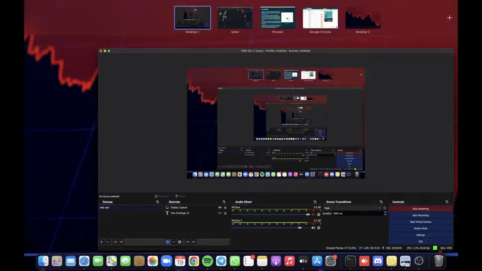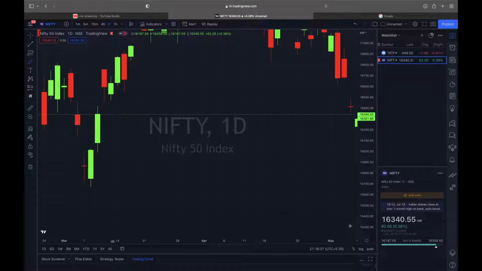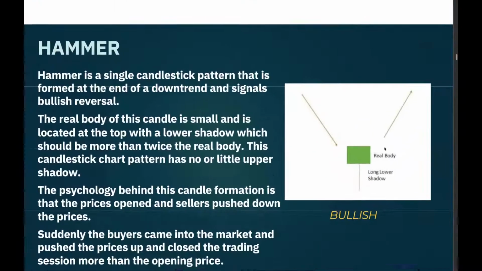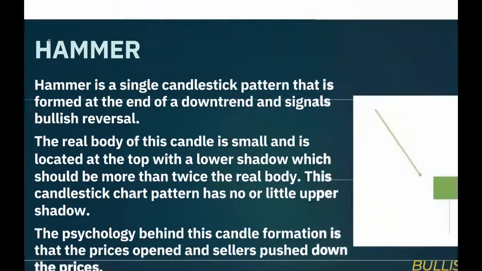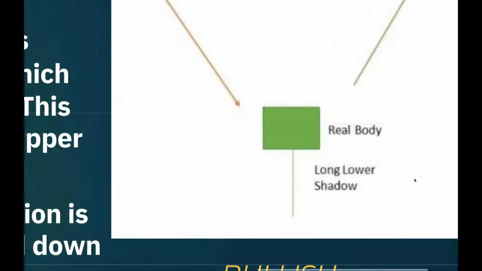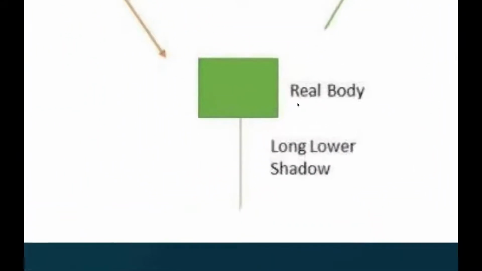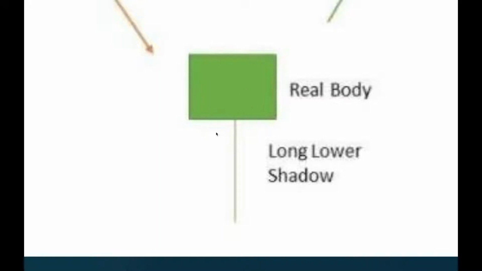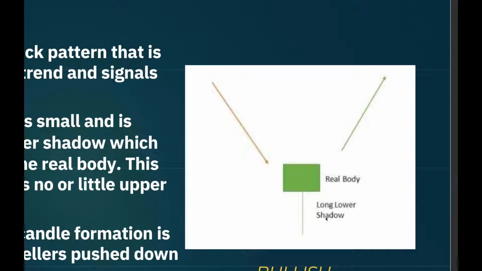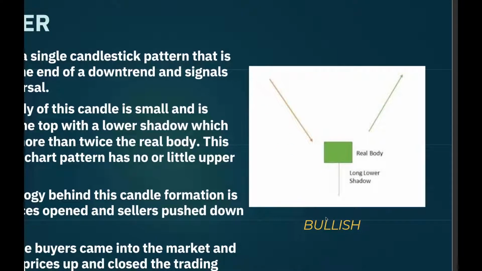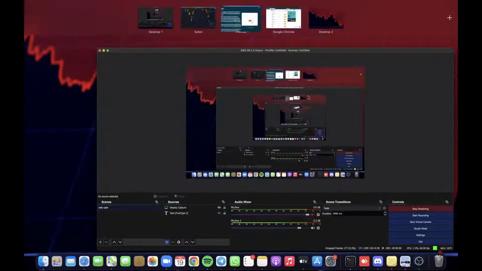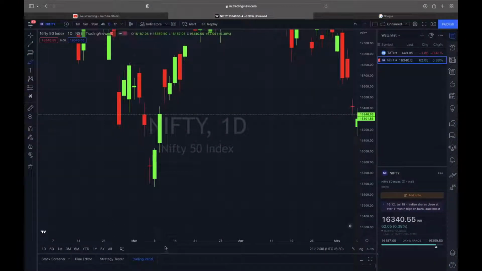Okay. So guys, just check this out. I'll show you the same candlestick. What is this again? A hammer. Hammer is a single candlestick pattern. It makes a formation like this, a big body and a wick. What does this show us? That it will be bullish. It will go up. So let's spot this now.